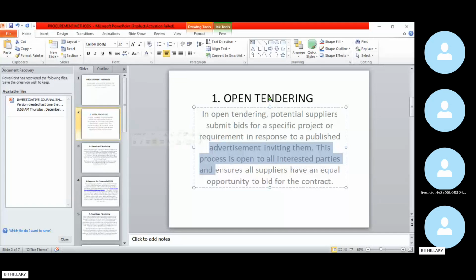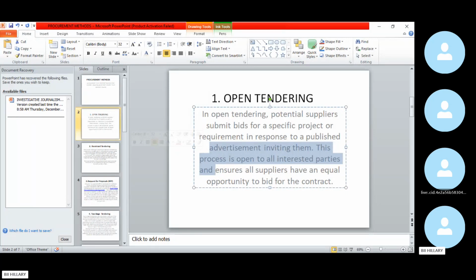So as the word suggests, open, it is open. Everybody can bid and they are subjected to a fair trial, and the best competitor will win the tender, and the other processes will come along.